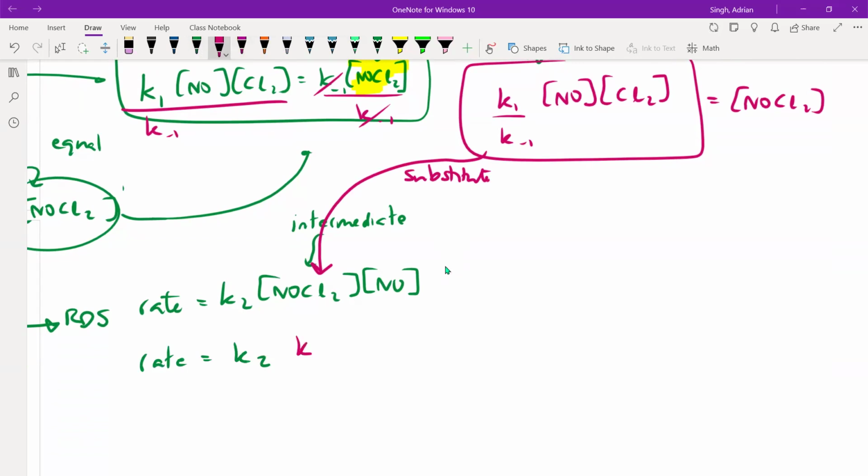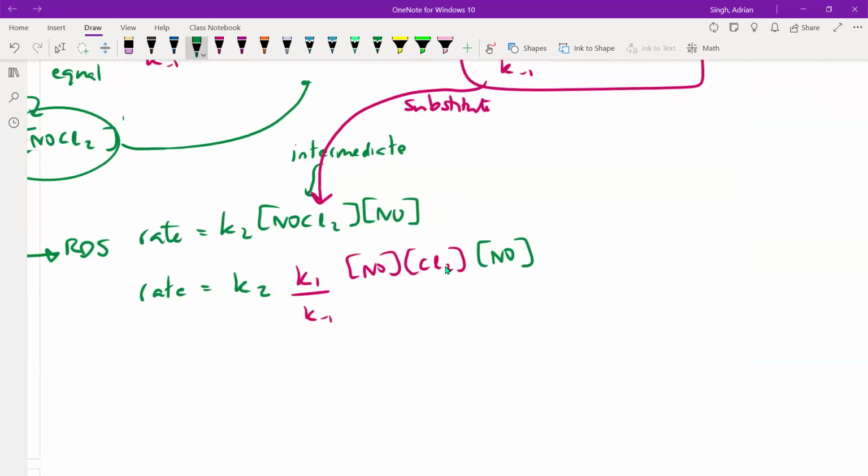So I have K1 over K minus 1 times NO times Cl2, and then I have my thing left over in green, my NO as well. If I simplify it now, I end up with my rate being equal to K2 times K1 divided by K minus 1. All of these are constants, right? K is a constant, whether it's K2, K1, or K minus 1.